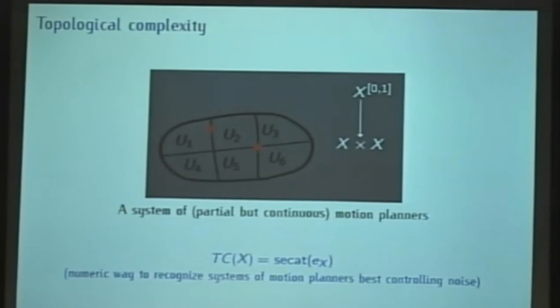Let me call each one of these a domain. Now, one would be asking to have a continuous solution, at least for all the tasks lying in each one of the domains. In this case, I have 6 domains and 6 different possible routes of solving tasks. Okay, now what's the problem with this situation?